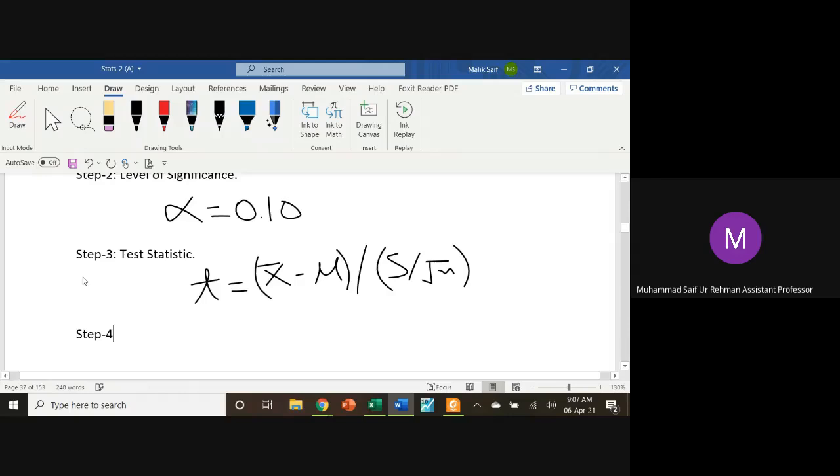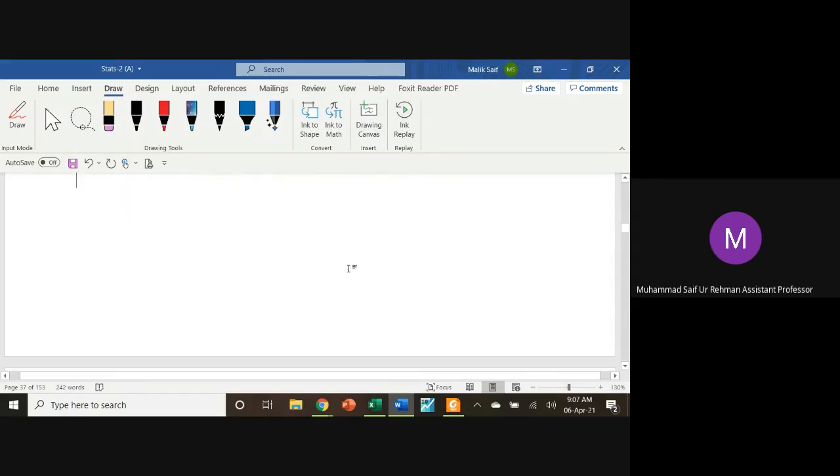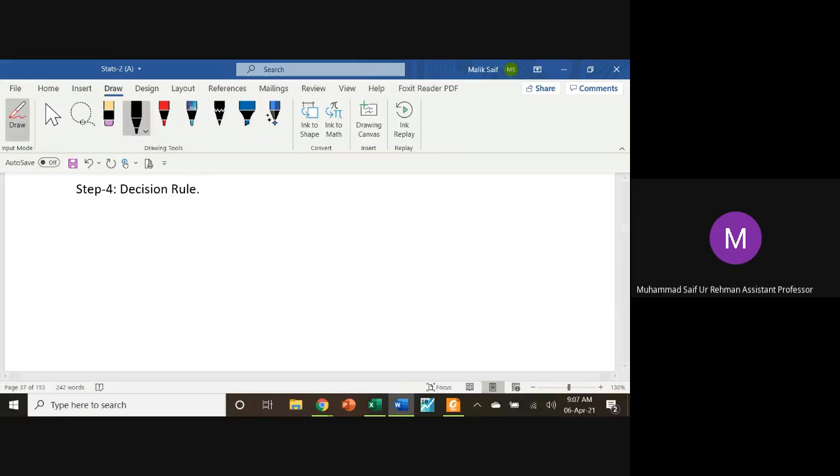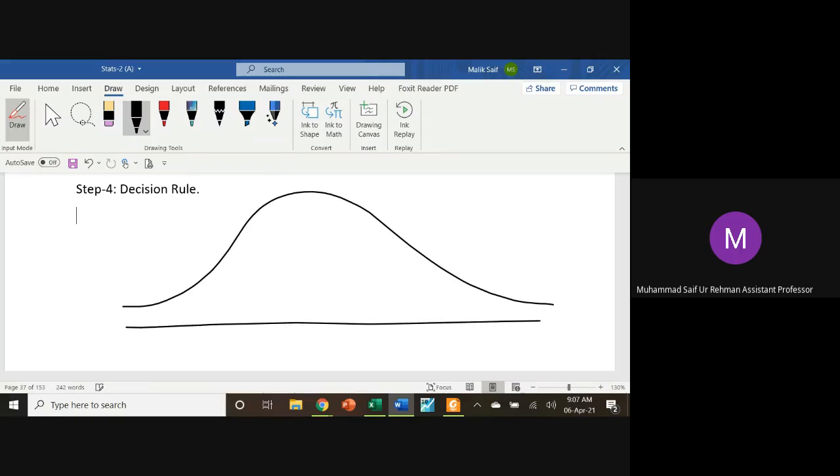Step 4 is the decision rule. Here you will draw the distribution. So definitely the t distribution. Let us draw this distribution. This is your x bar scale. This is your t scale.